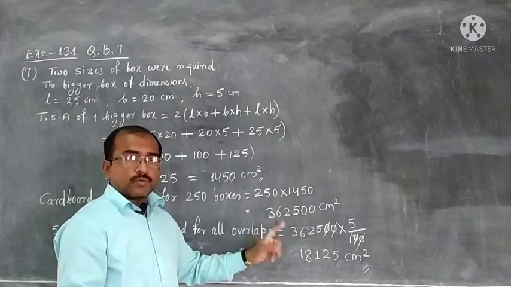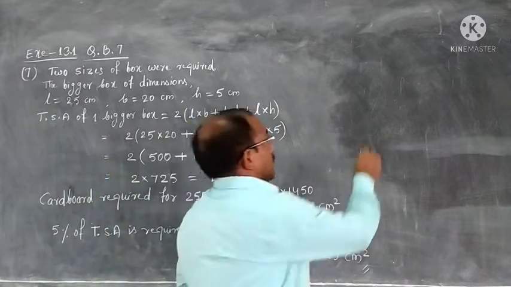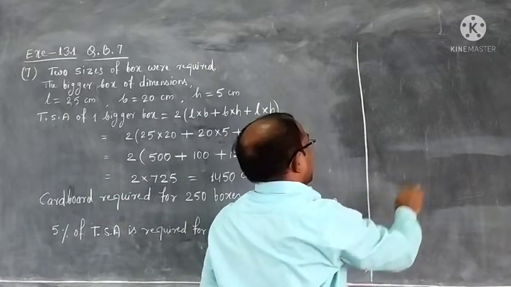This plus this together we will buy. So that also we will have to calculate and keep.